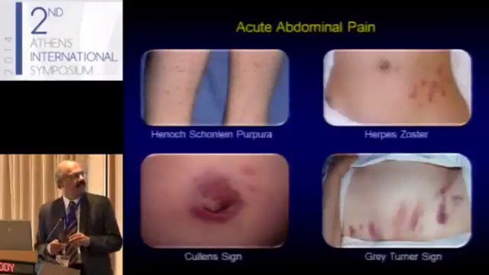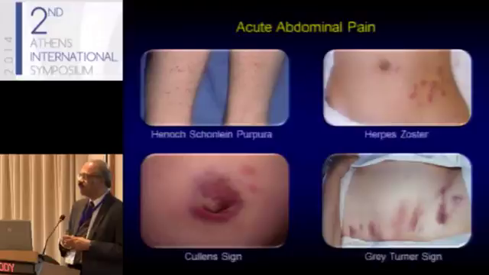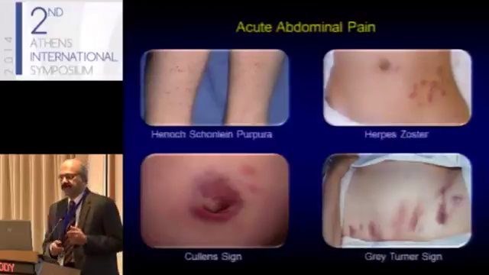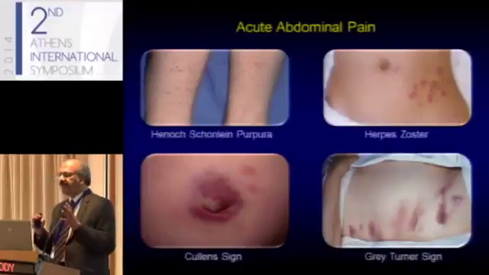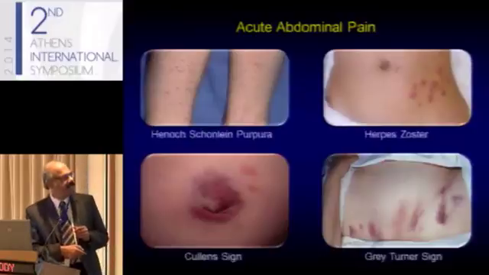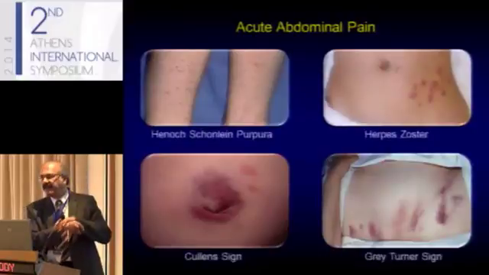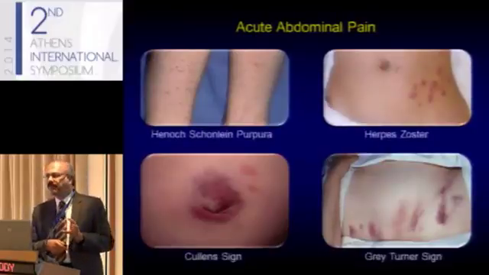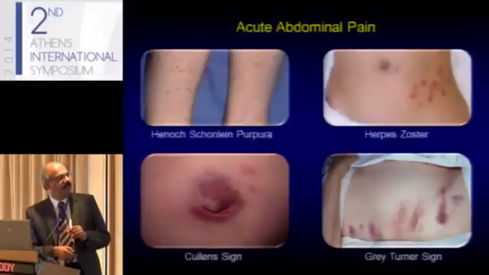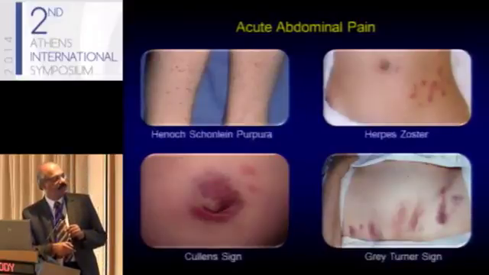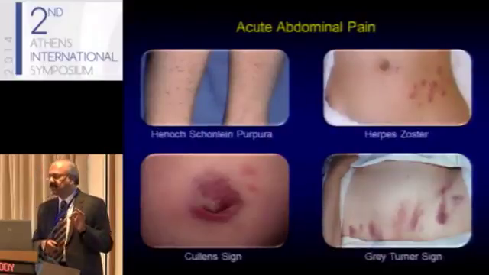There are also certain obvious visual markers which tell you what is the cause of pain. For example, if you have a patient with abdominal pain but has these purpuric spots on the peripheries, this is of course Henoch-Schönlein purpura. There is another category of pain. You have patients coming with abdominal pain, and then you have this very typical linear type of bullous lesions, herpes zoster.